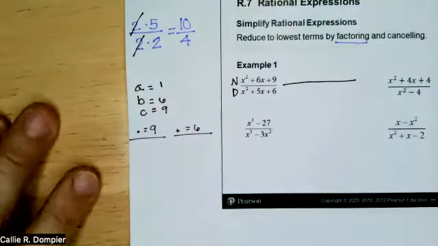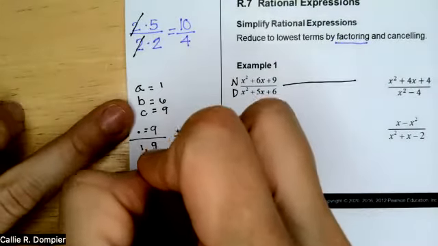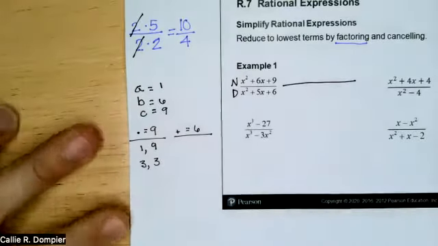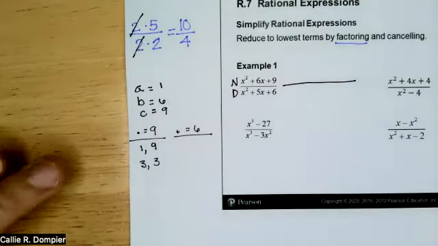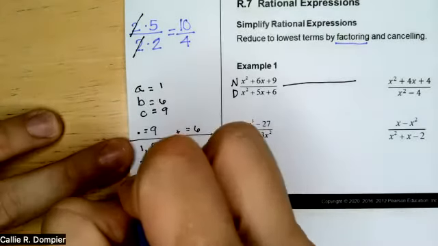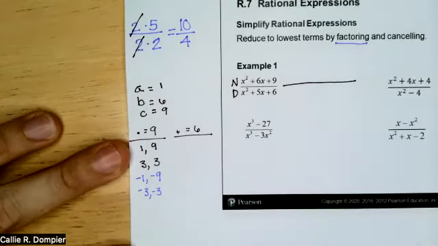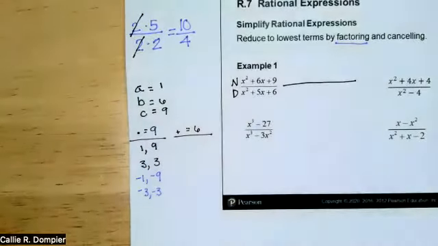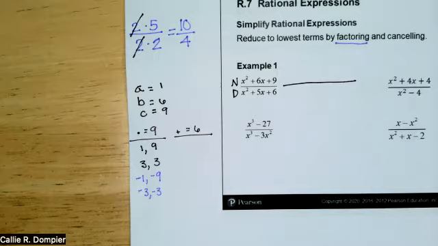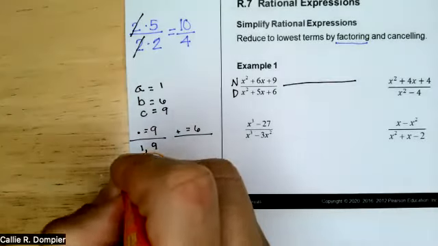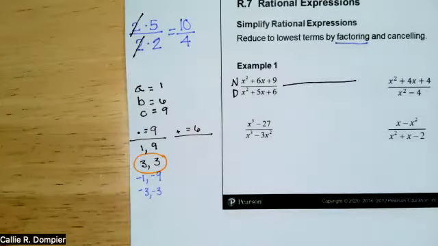So we think about what the factors of 9 are: 1 and 9 or 3 and 3. Which of those add to a positive 6? You could also say -1, -9, -3, -3, because those multiply together to get a positive 9. But if I want to add to 6, it's only going to be 3 plus 3 is 6, right?